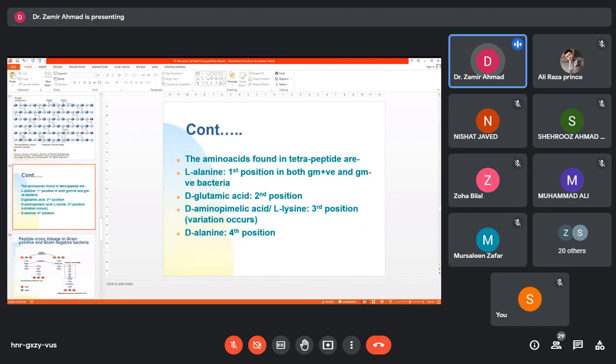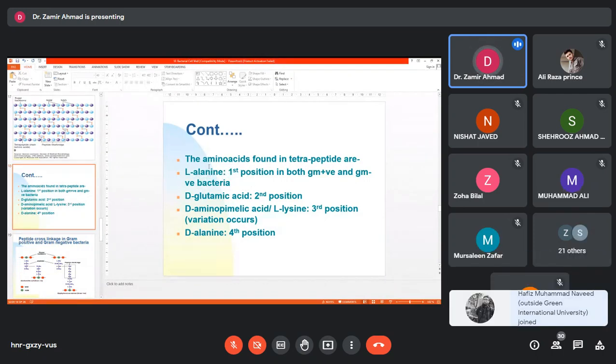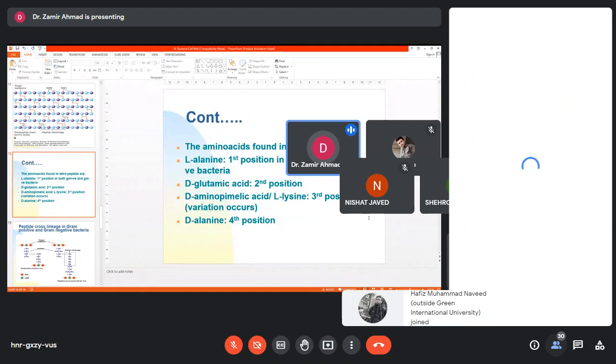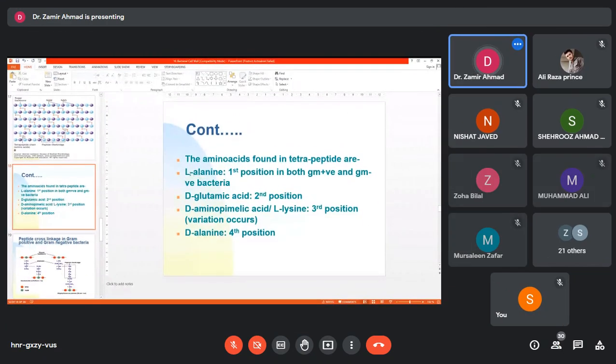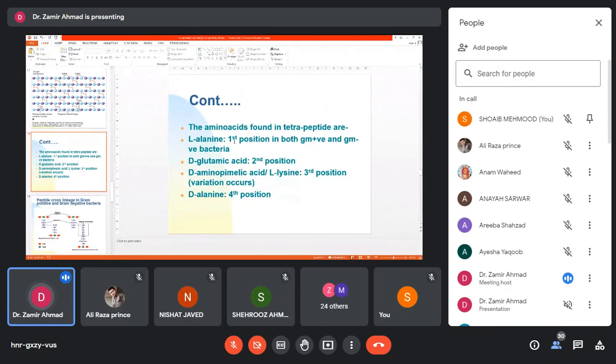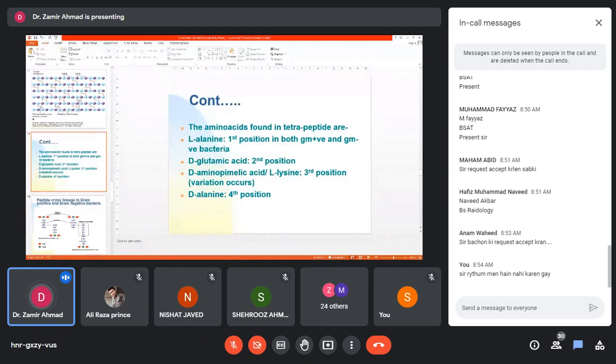The amino acids present in the tetrapeptide, as the name indicates, are 4 amino acids, and the position of these 4 amino acids is generally fixed. L-alanine is present as the first position in both gram-negative and gram-positive bacteria.